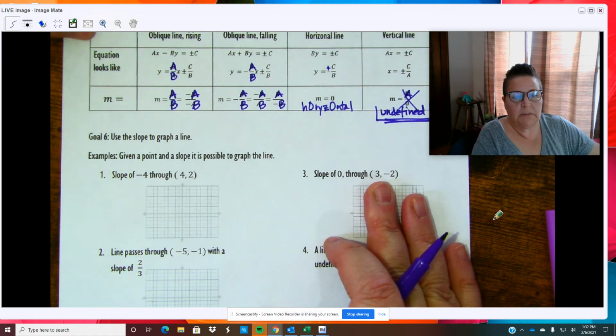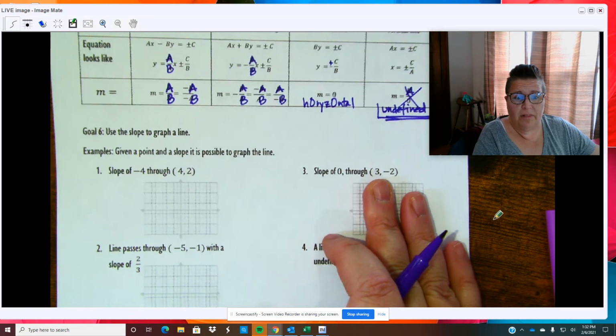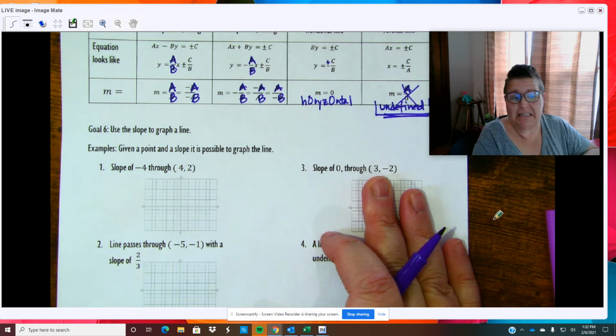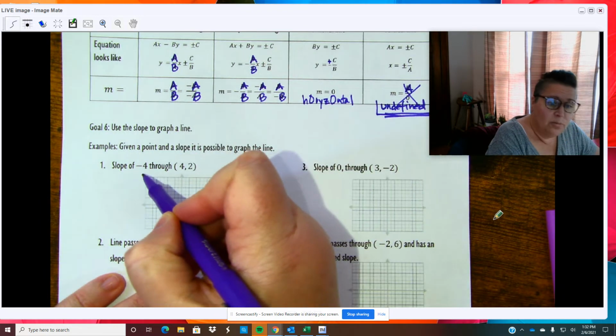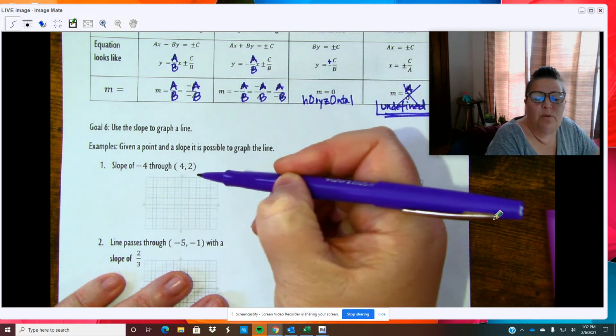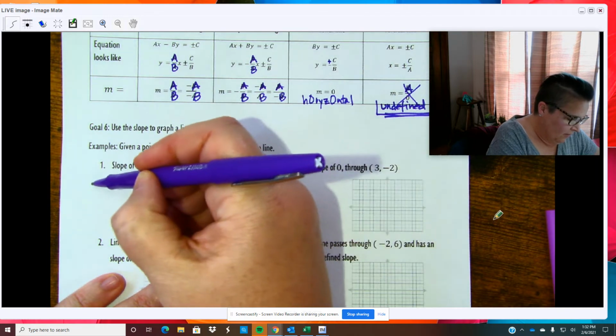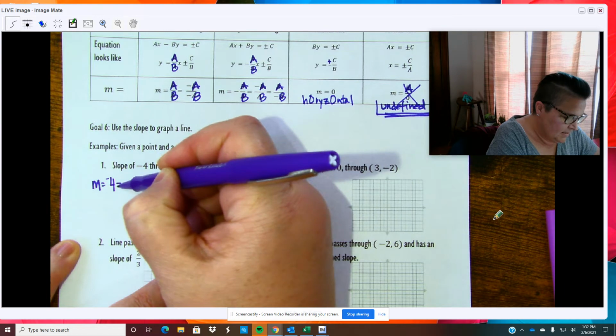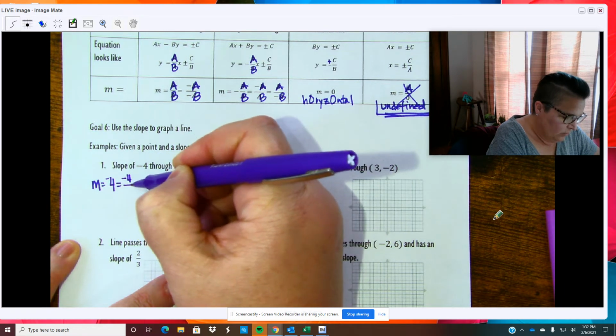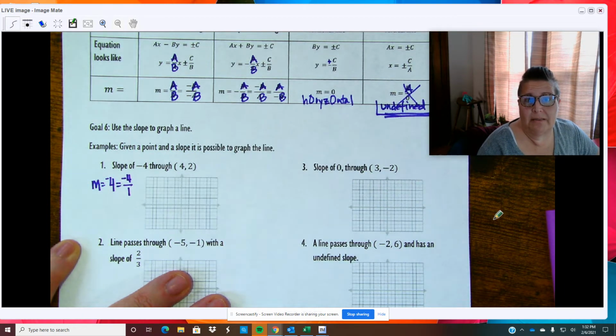All right. We also want you to be able to use the slope and a point to graph a line. This is a lot simpler than it seems. Remember I talked about how the slope is m, or the movement of the line? So here we have a slope of -4 through the point 4, 2. If the m is -4, this is the same as -4 over 1. Why do I write it that way? Slope has 2 parts, the rise and the run.